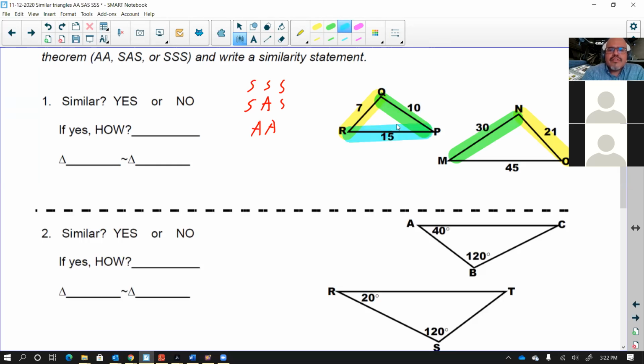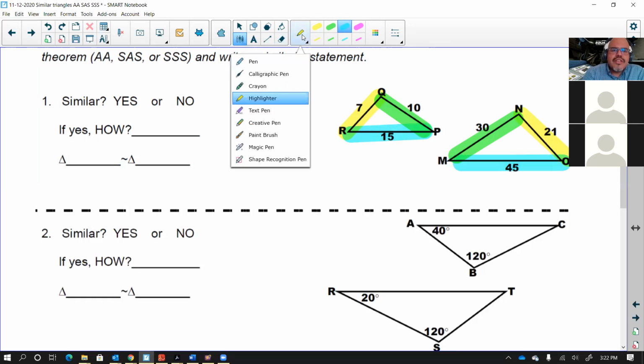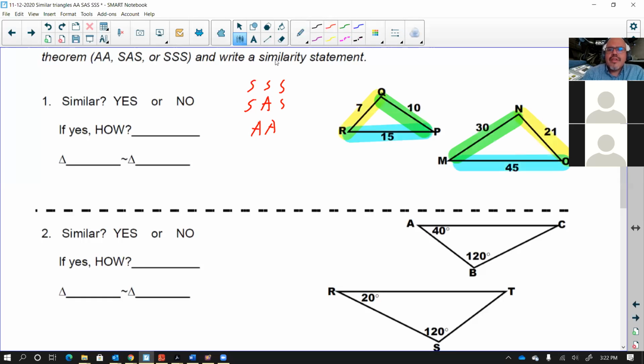So 7 and 21: what times 7 gives you 21? Well, x is equal to 3. Do all these have the same common factor? Can we multiply all these by 3 and get the next triangle?